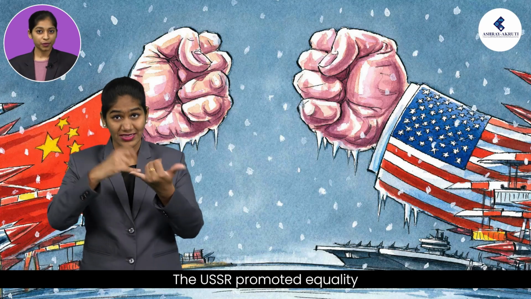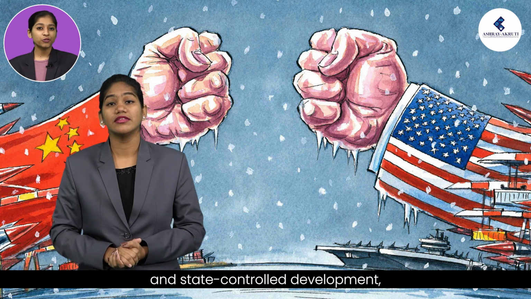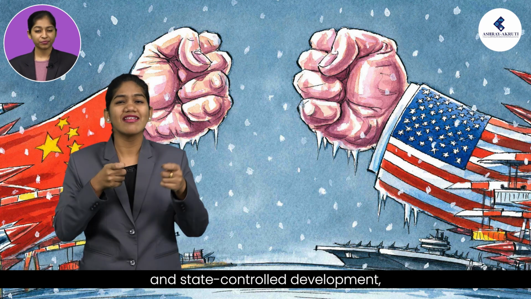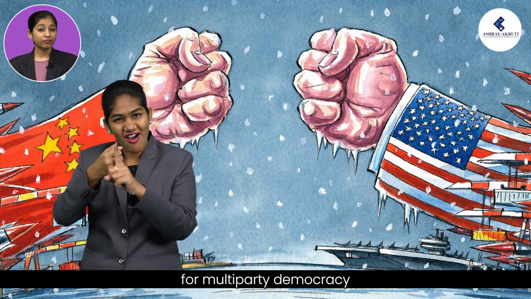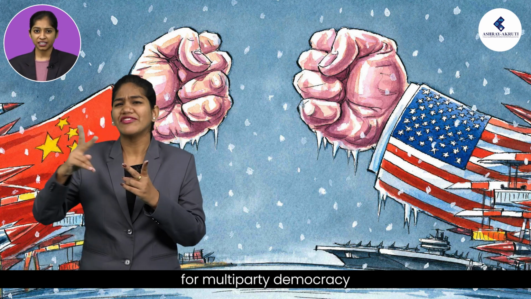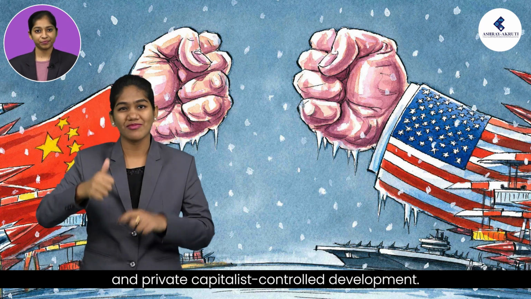The USSR promoted equality and state-controlled development, while the USA advocated for multi-party democracy and private capitalist-controlled development.